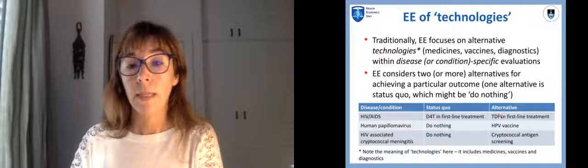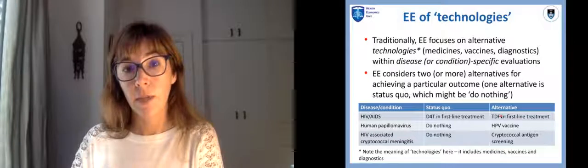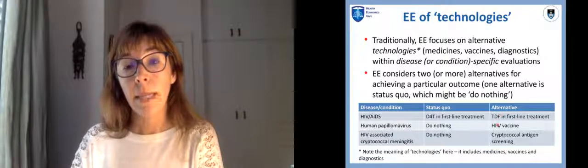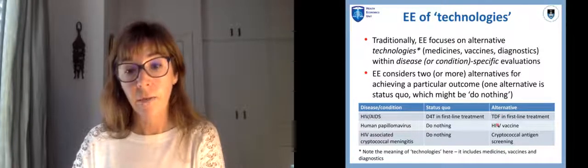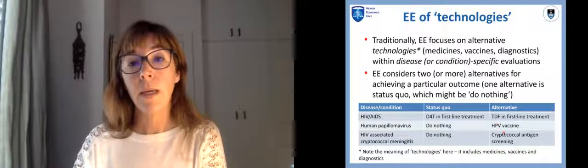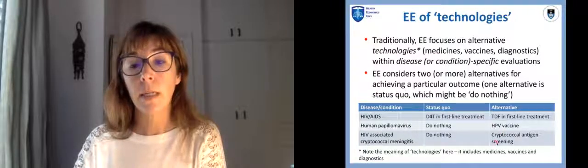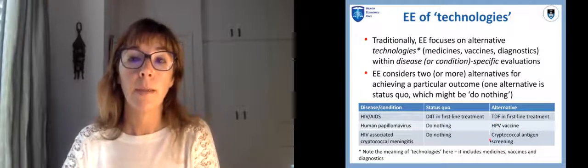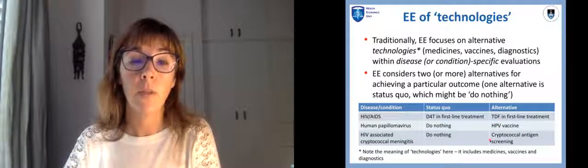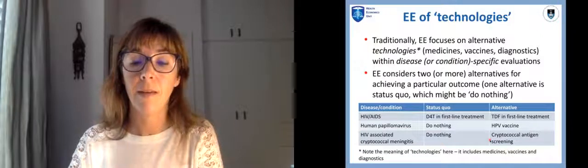So the first being TDF or tenofovir in first-line treatment for HIV/AIDS, the second being a vaccine for HPV, and the third being a specific kind of a diagnostic for cryptococcal meningitis. So what is being considered is whether or not these new things might represent cost-effective uses of scarce health system resources.